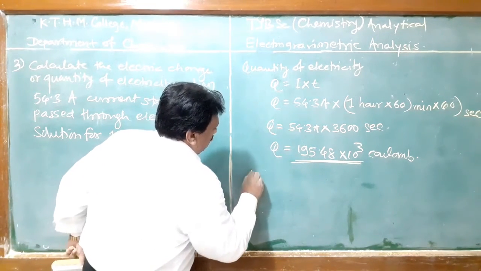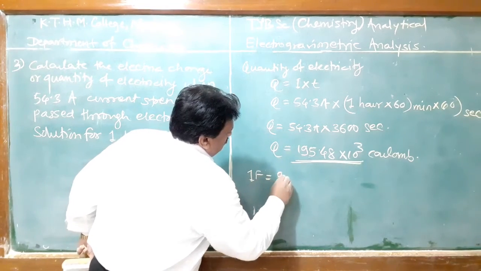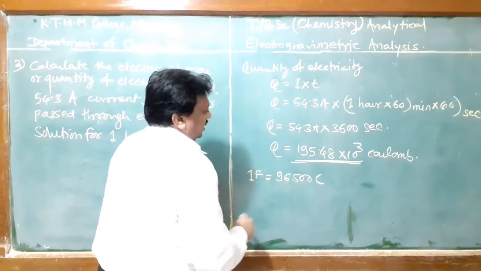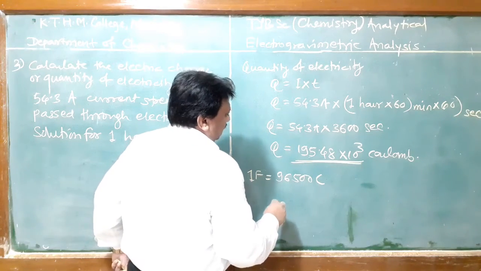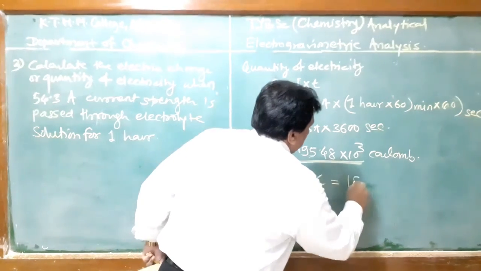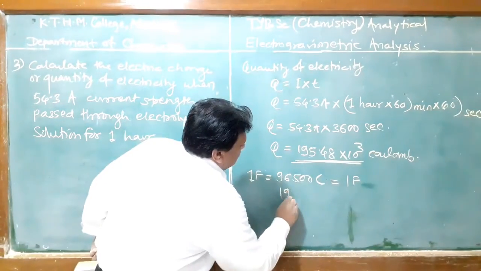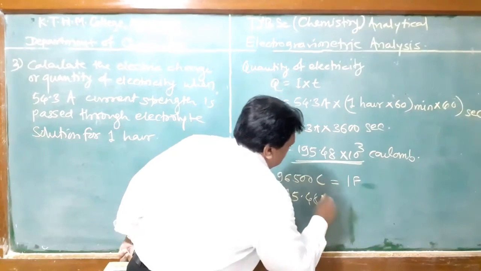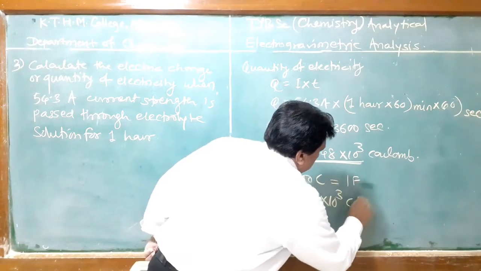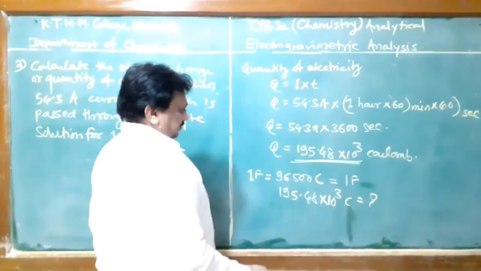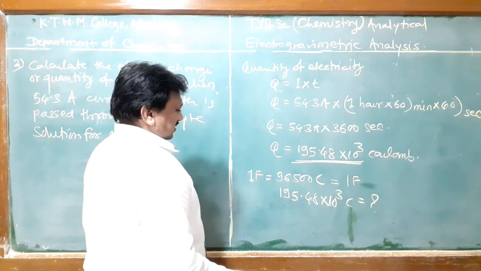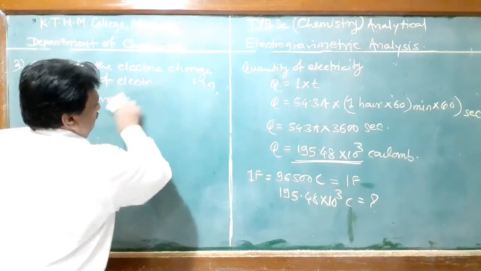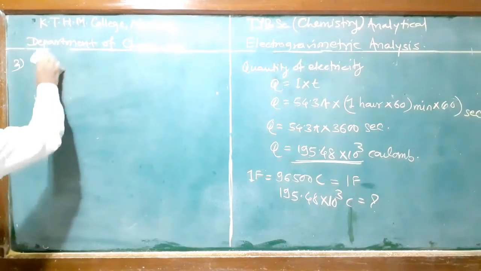Therefore, we know that 1 Faraday is equal to 96500 Coulomb. And therefore, here 96500 Coulomb is equal to 1 Faraday. Therefore, 195.48 into 10 raised to 3 Coulomb is equal to how much Faraday. Therefore, here we can solve this problem by cross multiplication.